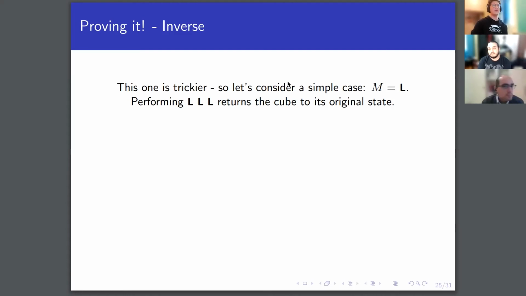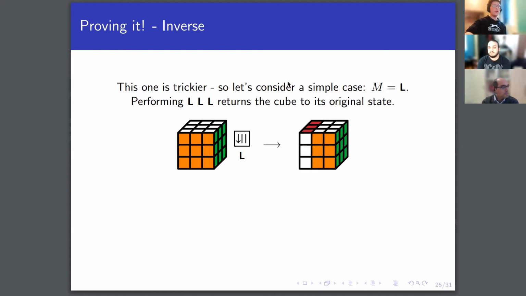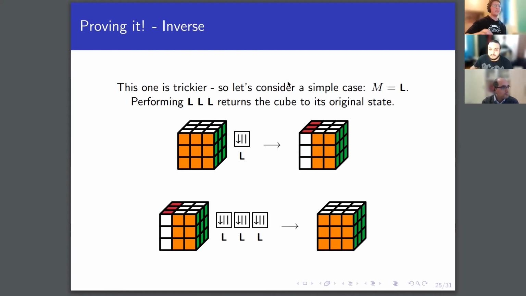And therefore, to reverse a single clockwise rotation, we need to perform another three in addition to that rotation. In case anyone doesn't believe me, this is what happens when you apply one left clockwise quarter turn to a solved cube, followed by what happens when you rotate the same side another 3 times.